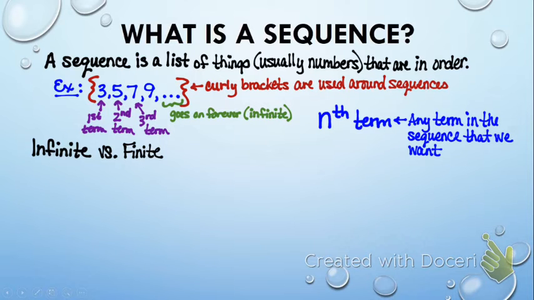There are two types of sequences that we're going to talk about right here, infinite versus finite. An infinite sequence would do what? Go on forever. And so a finite sequence would end. It stops at some point. Infinite sequence goes on forever. Finite sequence stops at some point.